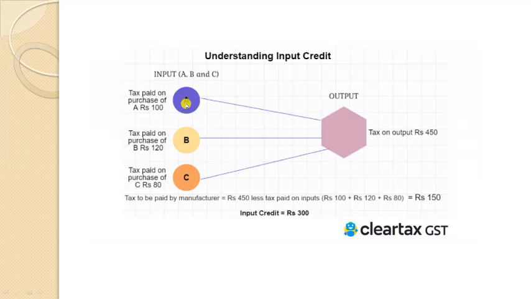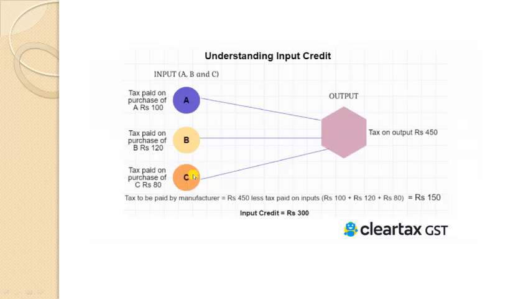So he purchased cashew nuts from supplier A. Supplier A has paid 100 rupees as tax on those cashew nuts. So this 100 can be claimed as input tax credit by the SSC. He has also purchased milk powder from supplier B. Supplier B has paid 120 rupees as tax on that commodity. This 120 can also be claimed as input tax credit by the SSC.